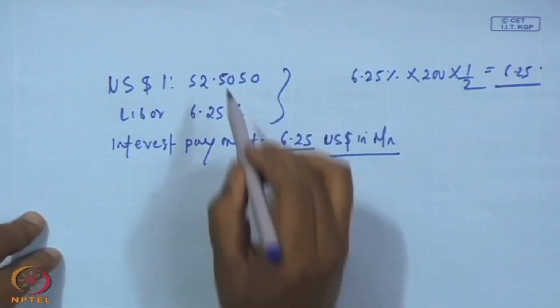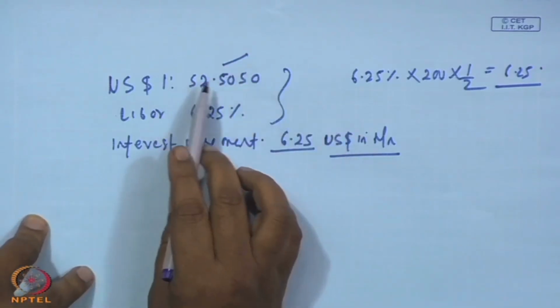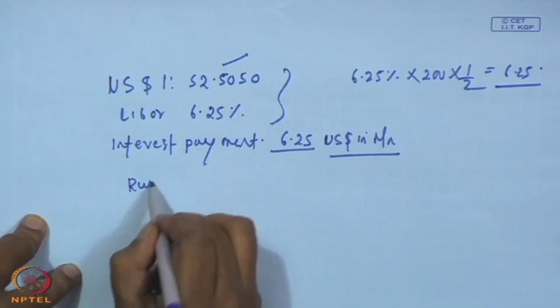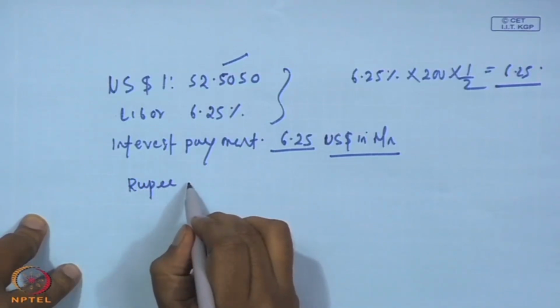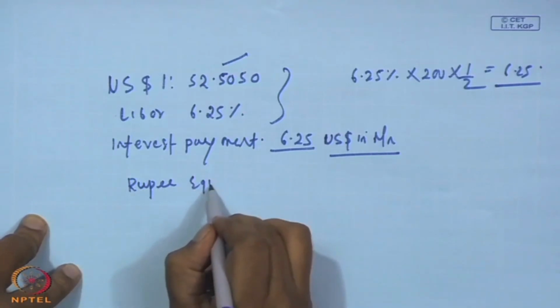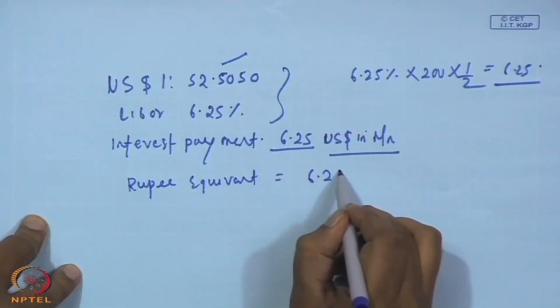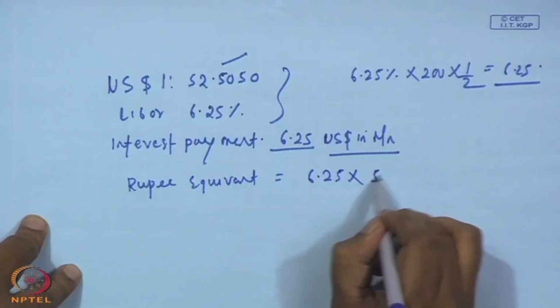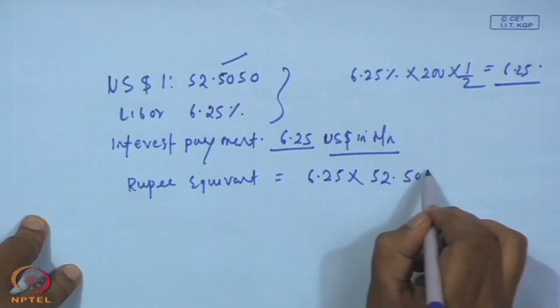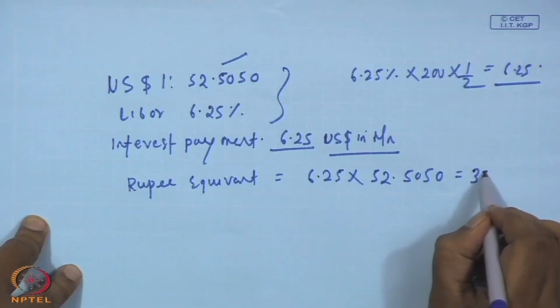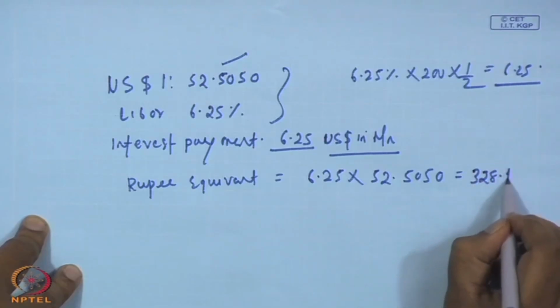If the rate remains constant at 52.5050, then the rupee equivalent of the interest payment will be 6.25 into 52.5050, coming around 328.16.